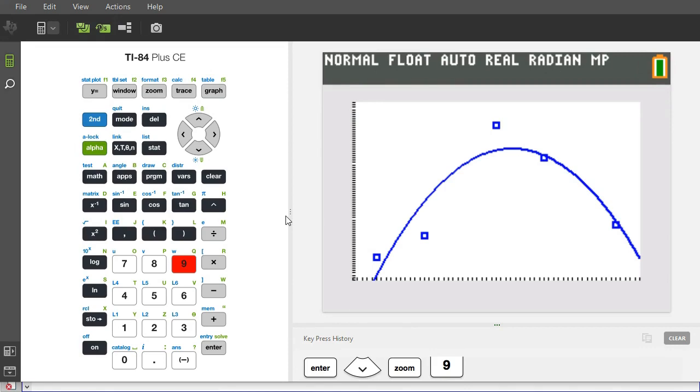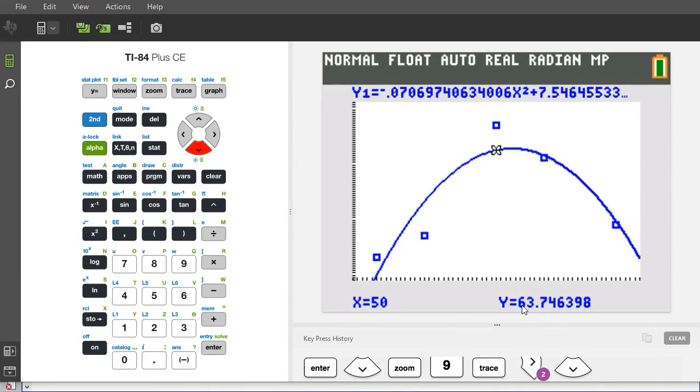As a matter of fact, it doesn't hit any of them, but this is the best guess that we can get for profit. And it's clearly off at certain points. Like if I trace, I can see that when I have a $50 ticket, we actually made $75,000 at the stadium. The model is only predicting $63,746 profit. So the model is not going to be perfect.